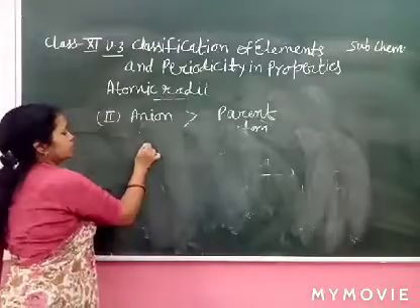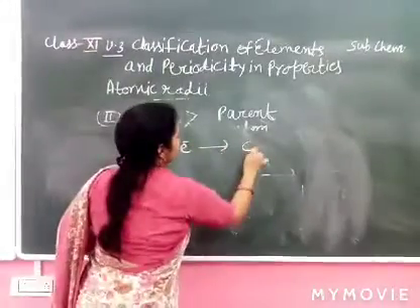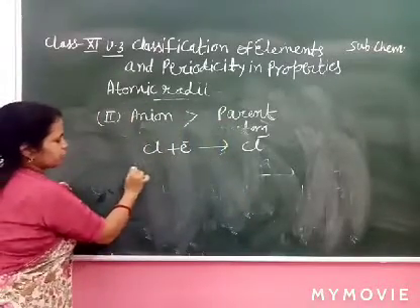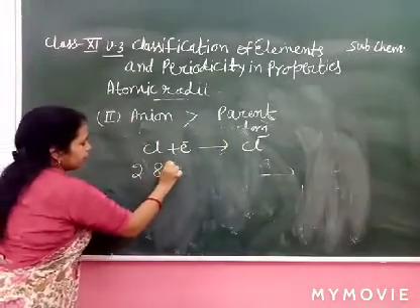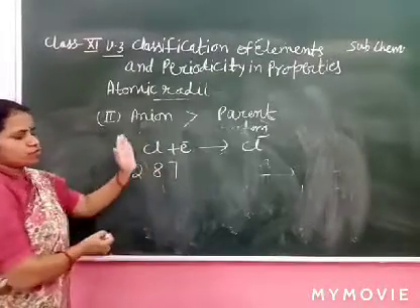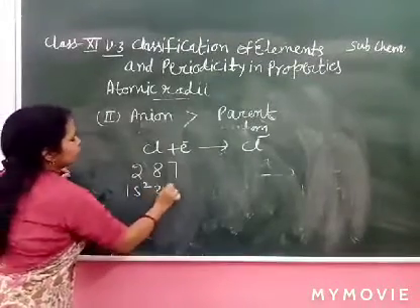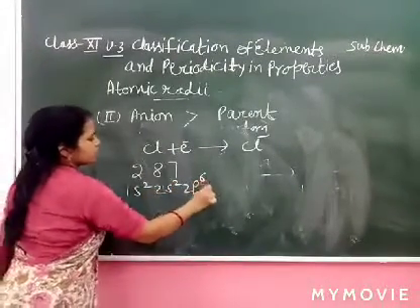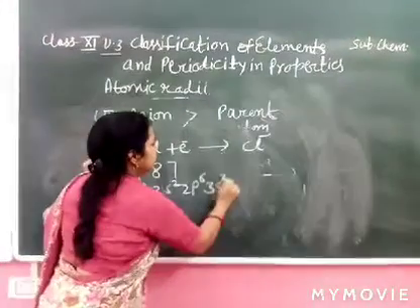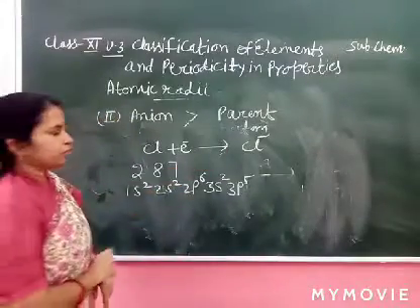Let's see. Chlorine attracts an electron and converts into Cl minus. What is its electronic configuration? 2, 8, 7. You can write it like this: 1s2, 2s2, 2p6, 3s2, 3p5. What happens in this condition?